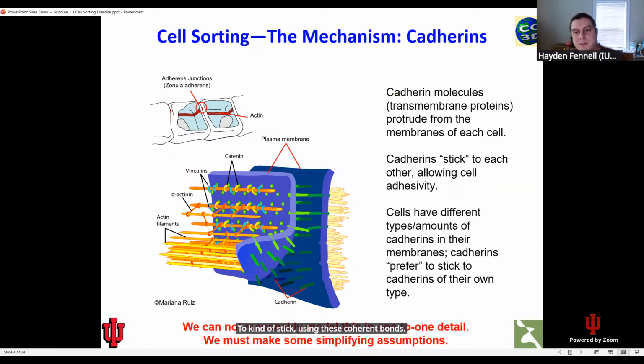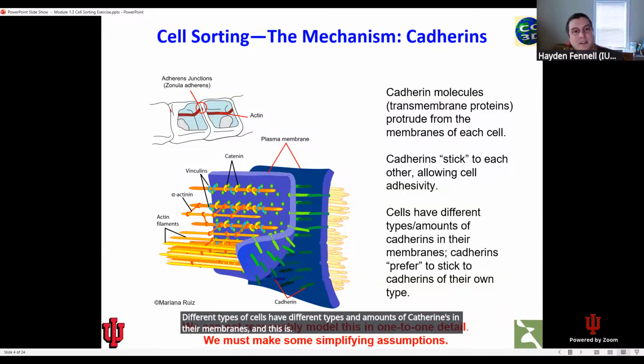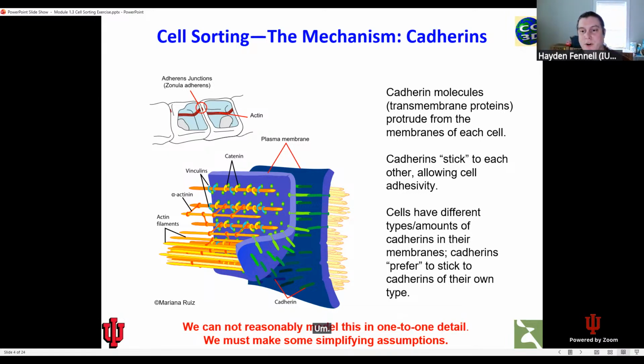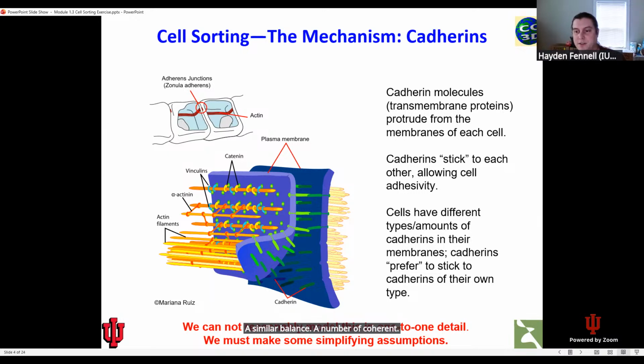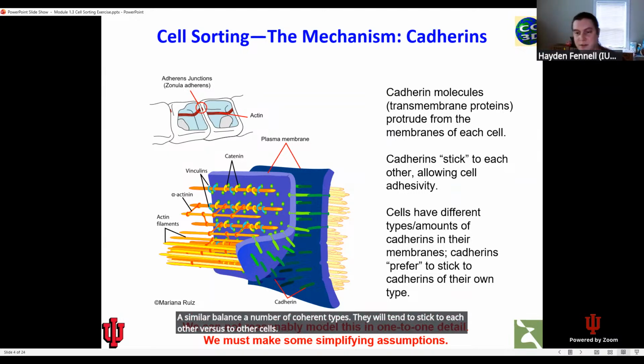Different types of cells have different types and amounts of cadherins in their membranes, and this is what creates the affinity that Pedro was talking about in the last session. So cadherins prefer to stick to cadherins of their own type. So if your cell type has a similar balance and number of cadherin types, they will tend to stick to each other versus to other cells with different amounts and distributions of cadherin types.